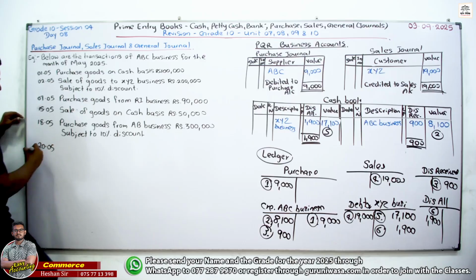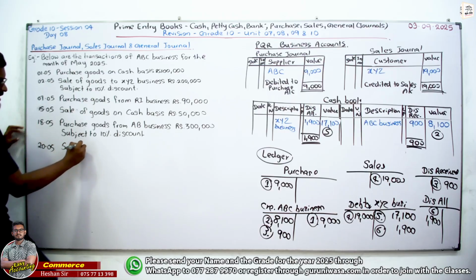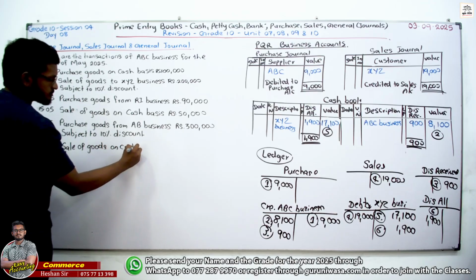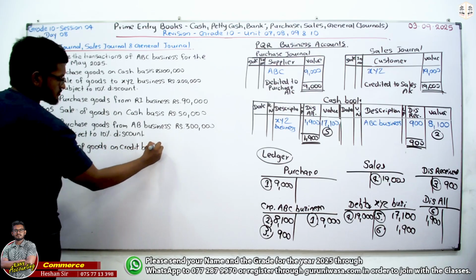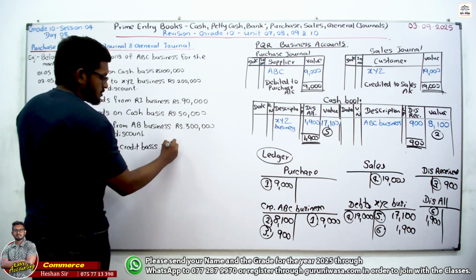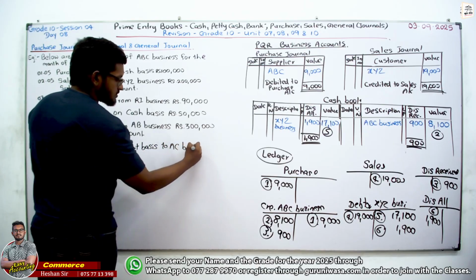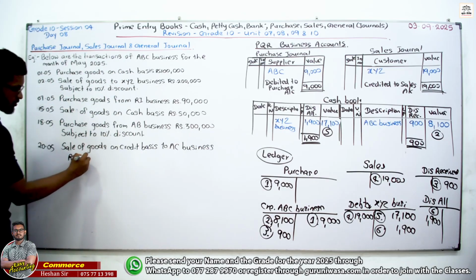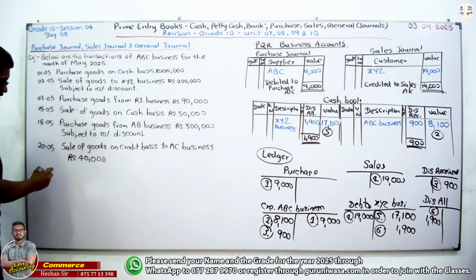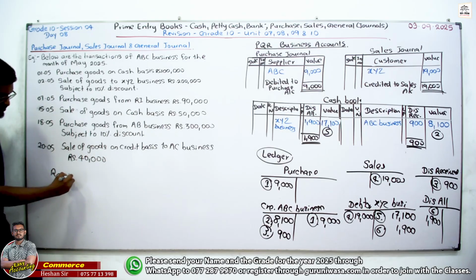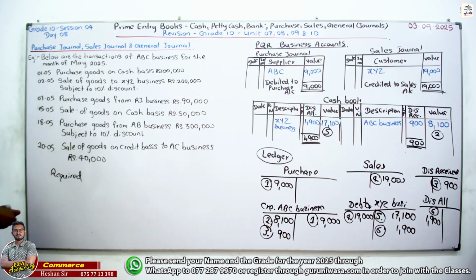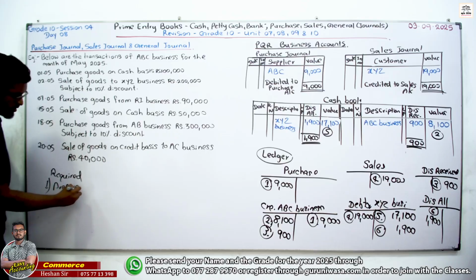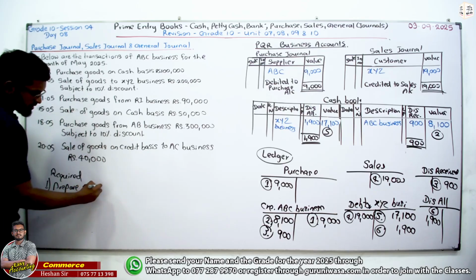20th of May, sale of goods on credit basis to AC business, rupees 40,000. Required: number one, prepare purchase journal.